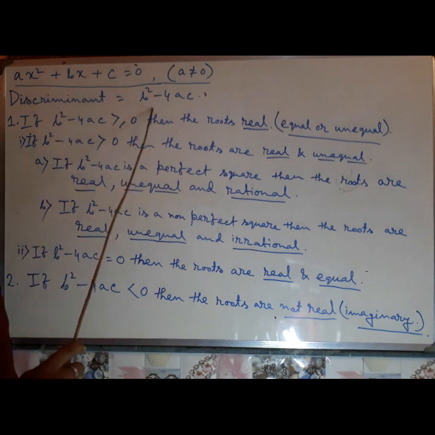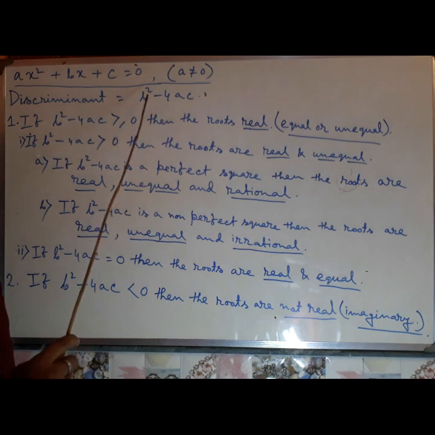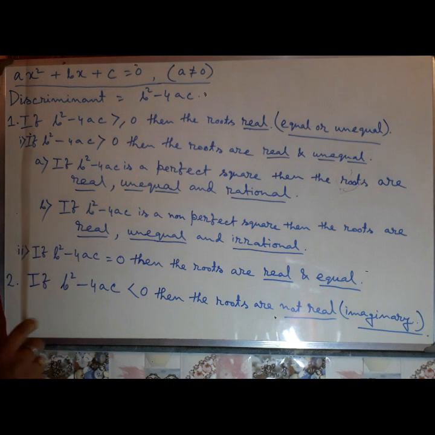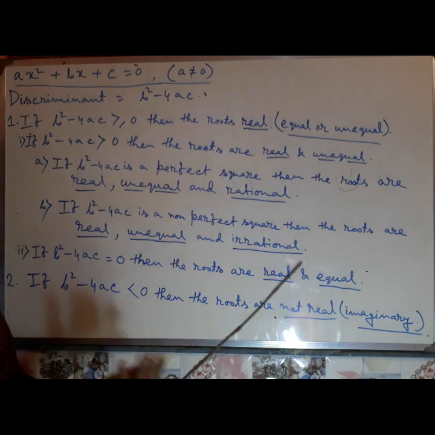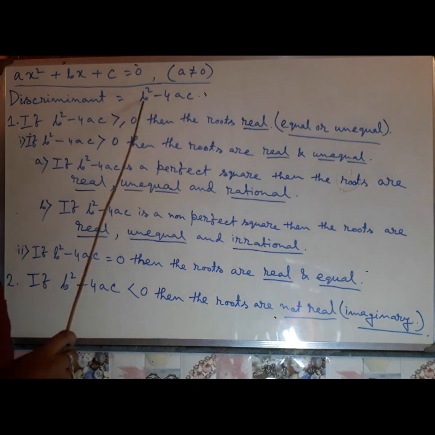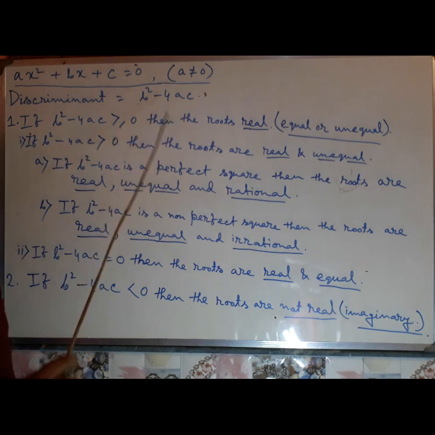Why is it called the discriminant? Because it defines the nature of the roots of that particular equation, whether real or imaginary, rational or irrational. That's why this term b square minus 4ac is known as the discriminant of that equation.